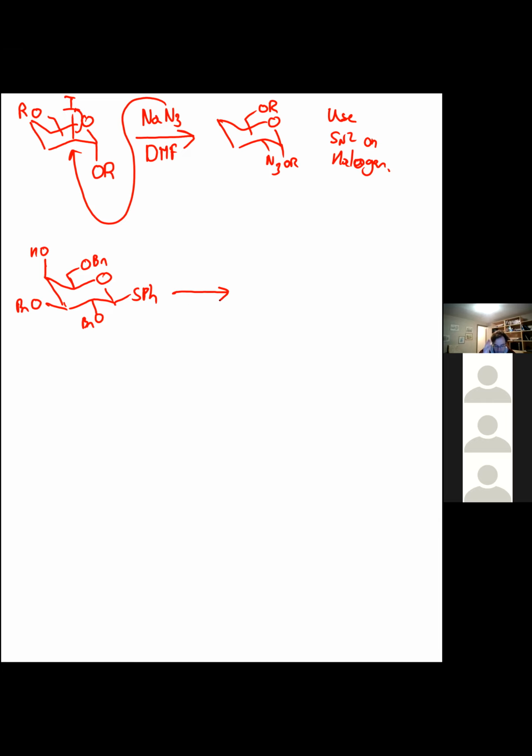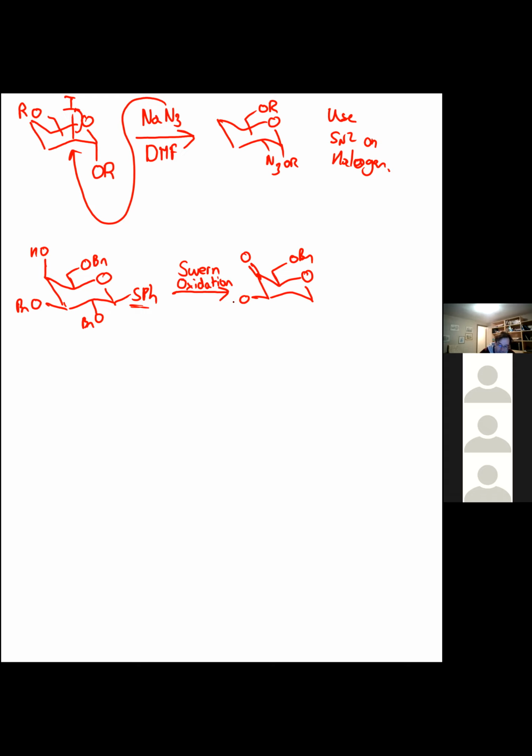So take your favorite oxidation conditions, but you need to be a little bit careful you don't oxidize this guy. If we didn't cover this in this class, you should still know this one. You can do a Swern oxidation. Very gentle. And you will oxidize that up to the carbonyl.